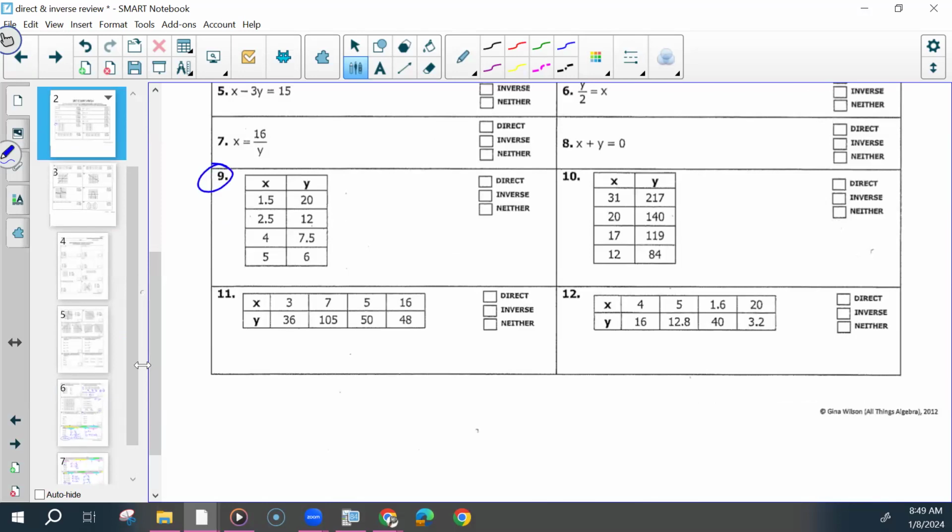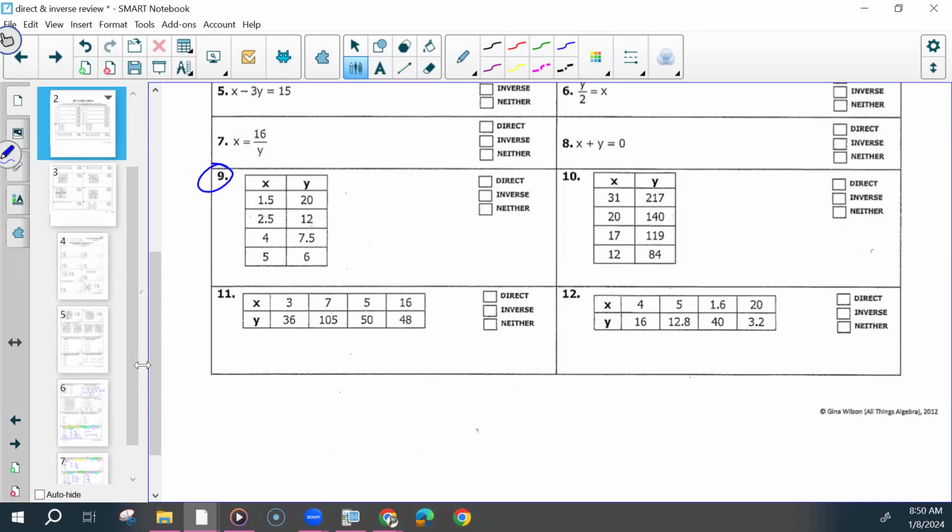So in this one, it doesn't say inverse or direct, so you have to choose or guess. Which one do we think this is gonna be, direct or inverse? Take a guess.